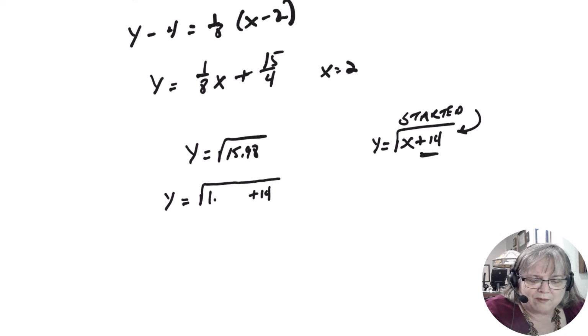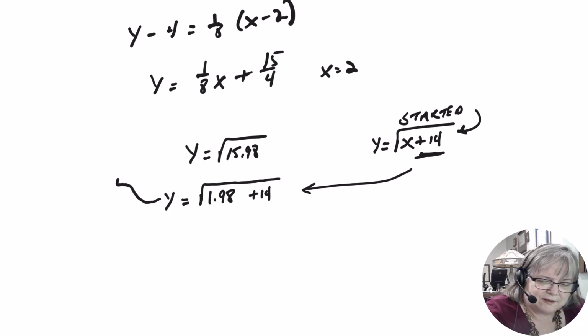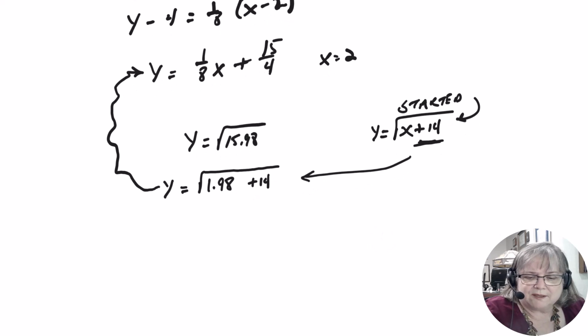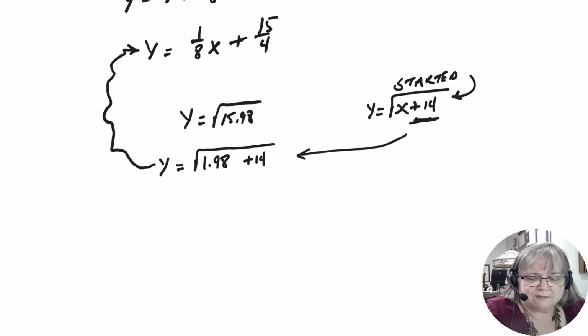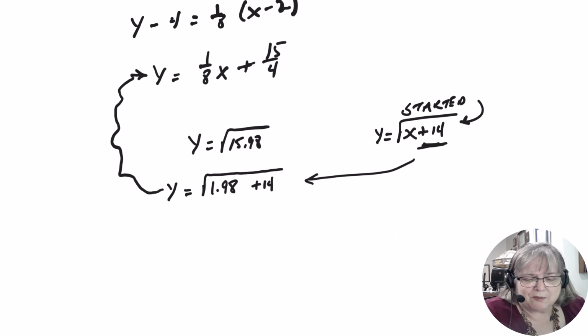So that would be 1.98 plus 14, right? That's 15.98. So you're looking for this pattern and you're replicating it with the number that they're actually curious about. And then you're going to use this and substitute it into the linearization, because 1.98 is fairly close to 2. Let's see how close we can get.